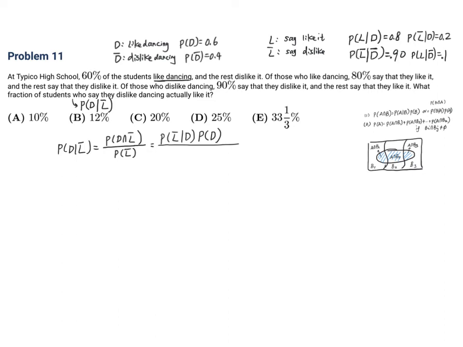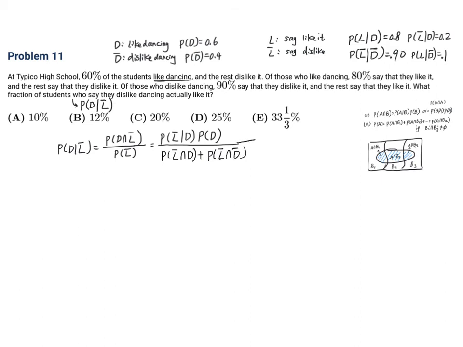Now how do we find the probability of L bar? We are going to use this idea, the total probability. It is equal to the probability of L bar and D plus the probability of L bar and D bar.